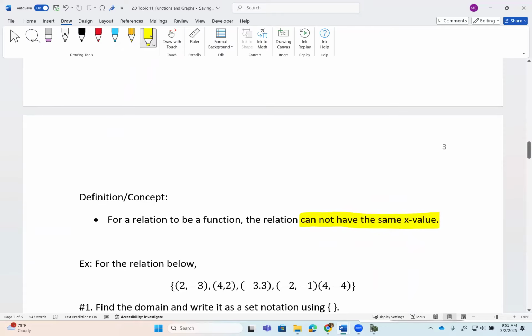So what did we draw before that actually consists of the same x value? What did we draw before that has the same x value? Let's go back to topic number 8.